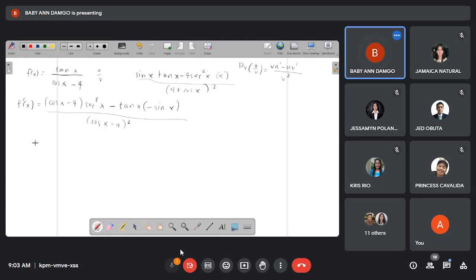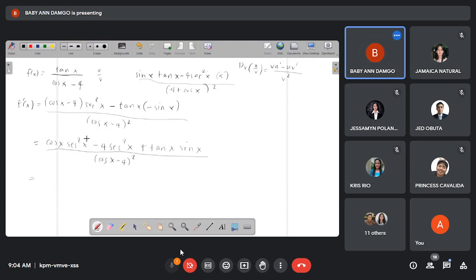Okay, simplify. So this is cosine x secant squared x minus 4 secant squared x, plus tan x sine x, all over cosine x minus 4 squared.